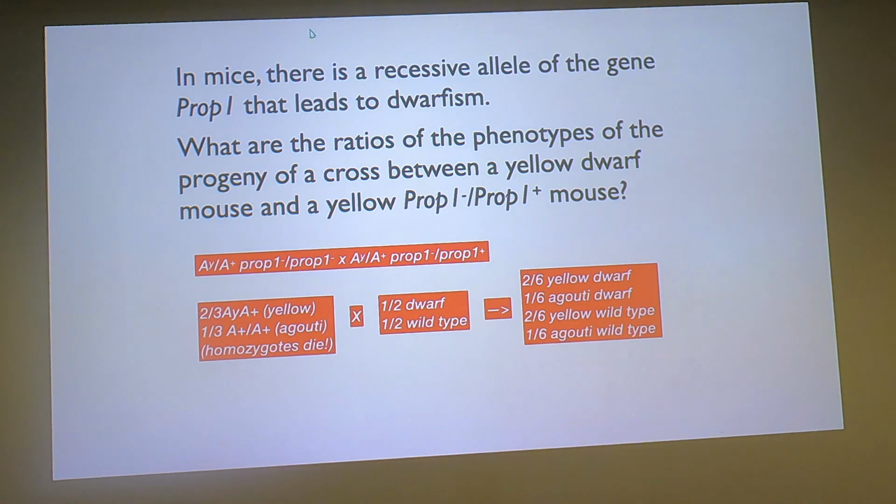A note here: the homozygotes die, you don't see them, so you don't have to worry about them in this problem. Half are dwarf, half are wild type. We multiply to get all the combinations: 2/6 yellow dwarf, 1/6 agouti dwarf, 2/6 yellow wild type, and 1/6 agouti wild type.